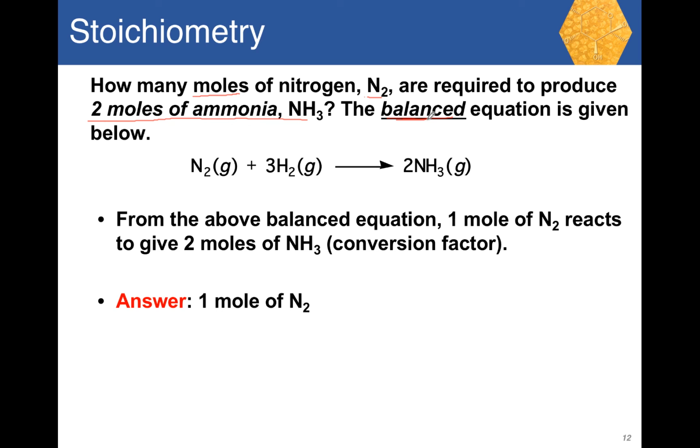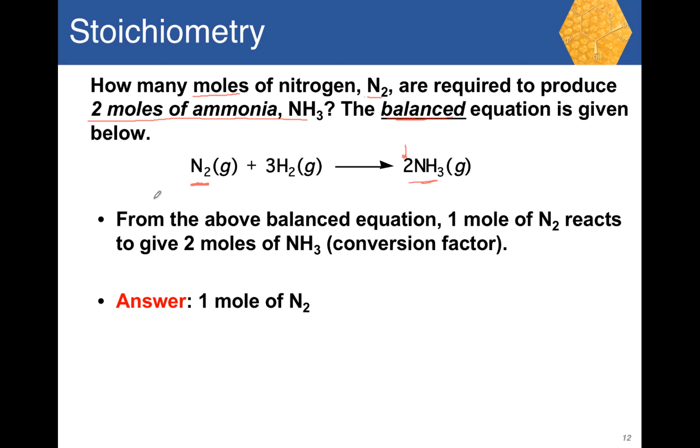That's stoichiometry, dealing with the mass relationship from the balanced equation. The equation here is balanced. So the question is, how many moles of nitrogen, if reacted with hydrogen, gives us 2 moles of ammonia.